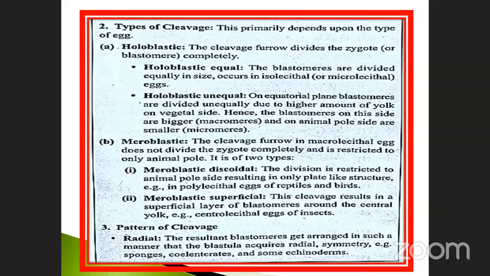The cleavage takes place in a radial aspect.